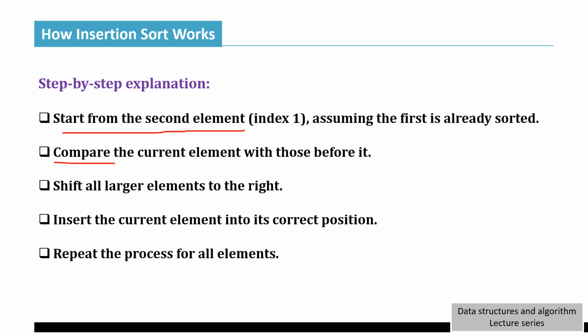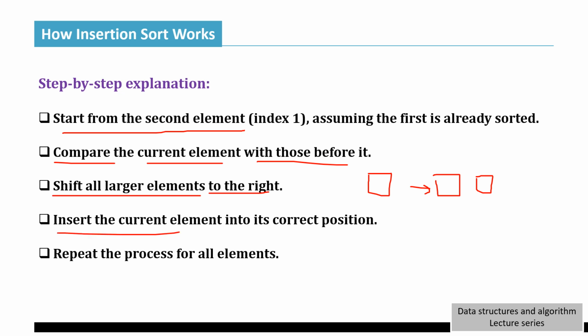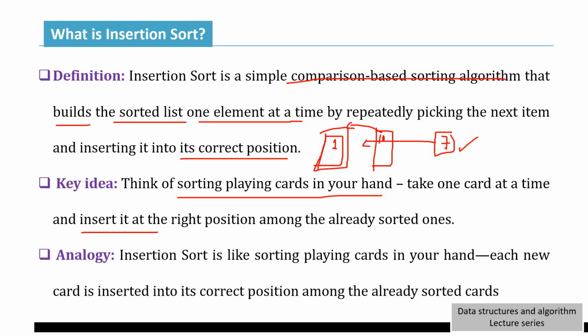Then compare the current element with those before it, right? Shift all larger elements to the right. So if you arrange answer sheets in this fashion, if it is greater, you put it on the right. Insert the current element into the correct position. Repeat the process for all elements. I have just demonstrated these steps with this example.